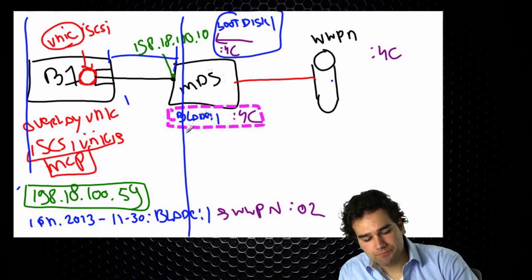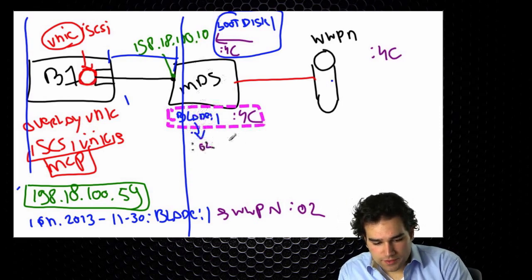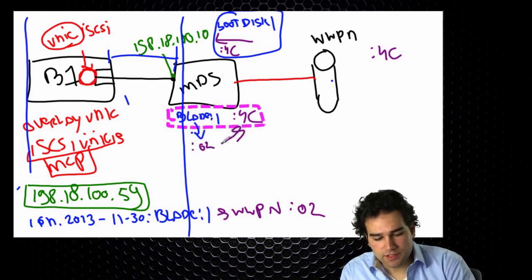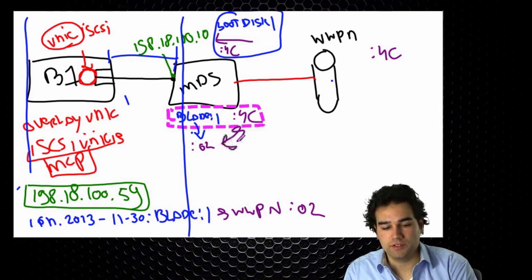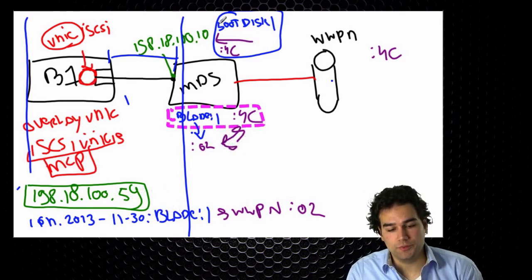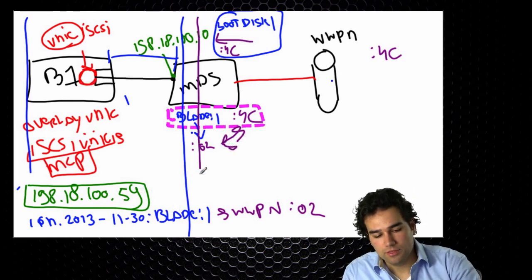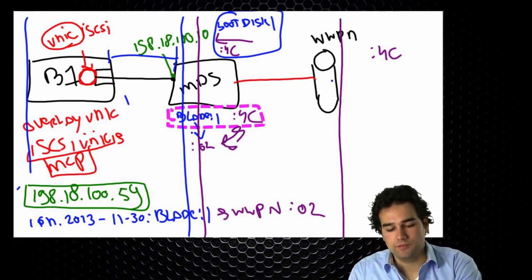Then the MDS will say, all right, blade number 1, I will assign you worldwide port name 02. Now that 02 and 4C, they can talk to each other, right? That's just fiber channel communication. And this guy, blade 1 and boot disk 1, can also talk to each other. So now we have the right side of the configuration, the fiber channel side of configuration.